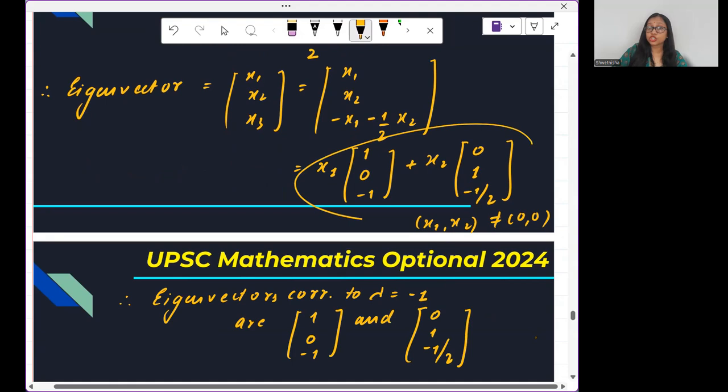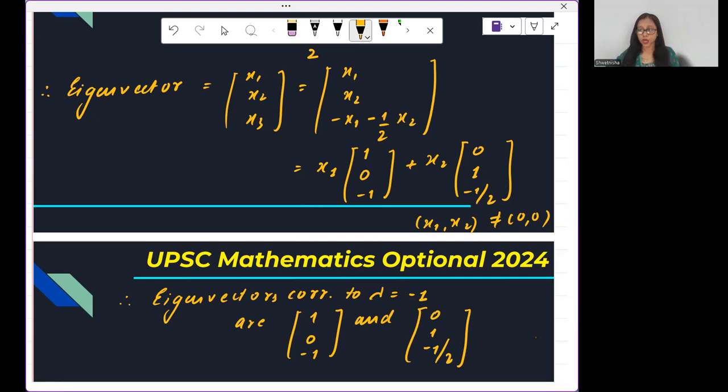You see, we have a collection of eigenvectors here. For whatever values you put for x1 and x2, just don't substitute both of them as 0. Once I have substituted 1, 0, and the other time 0, 1. So that's how we get the eigenvectors.